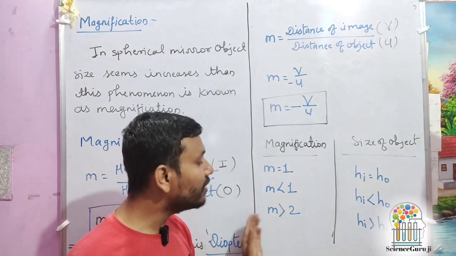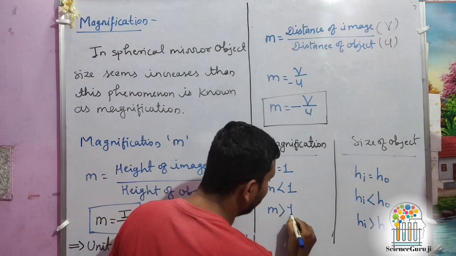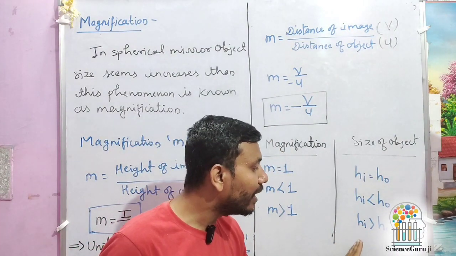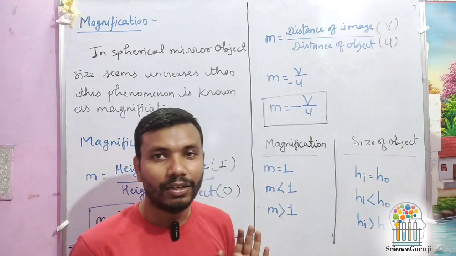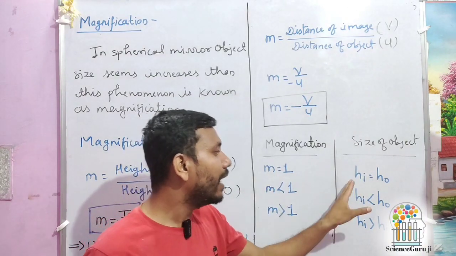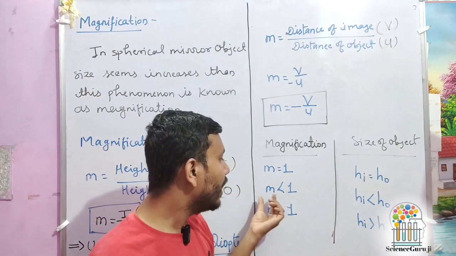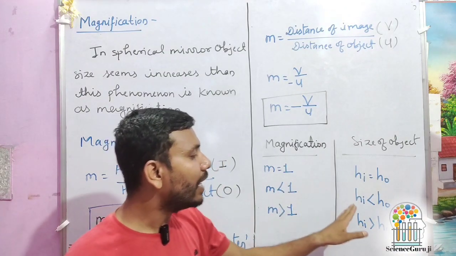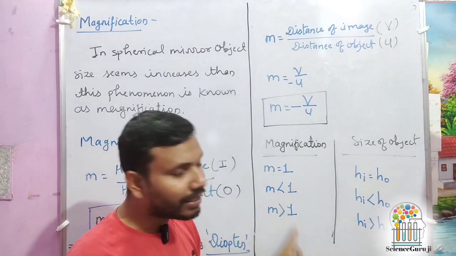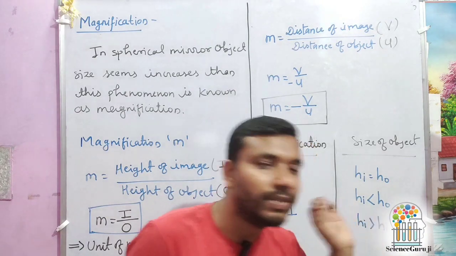And if m is greater than 1, then the height of image is greater than the height of object. Have you got my point?